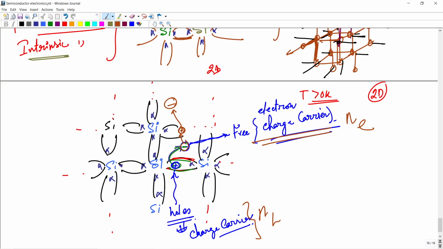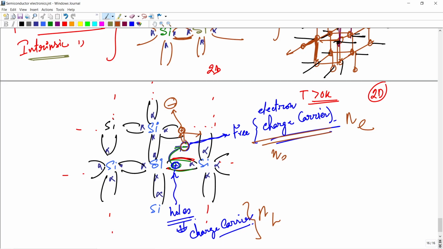A similar process continues in that direction. So we get two types of charge carriers: the electron charge carrier Ne and the hole charge carrier Nh, called intrinsic charge carriers.